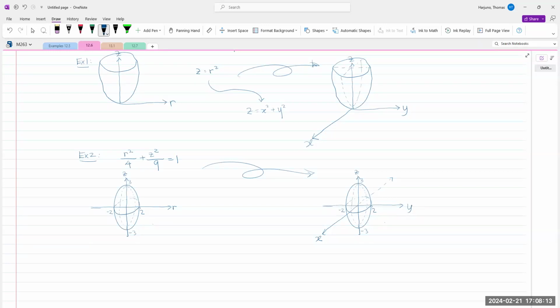Okay, if I rewrite that r squared, it is x squared plus y squared over 4 plus z squared over 9 equals to 1, or x squared over 4 plus y squared over 4 plus z squared over 9 equals to 1. That is the equation of that ellipsoid. We call this ellipsoid.